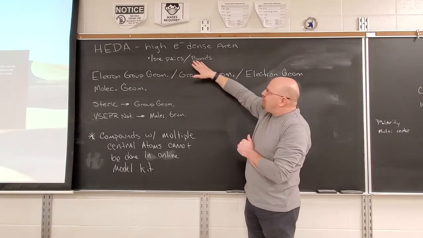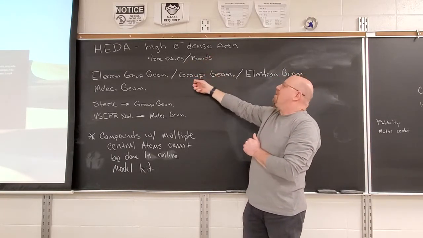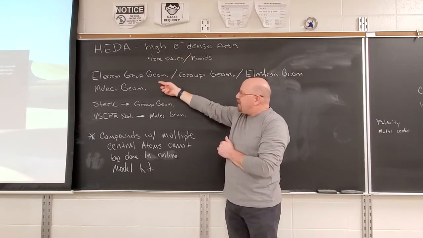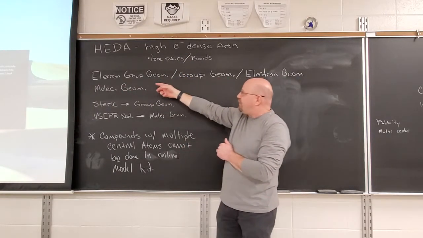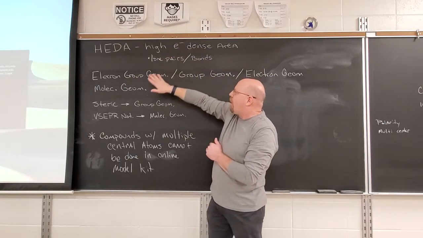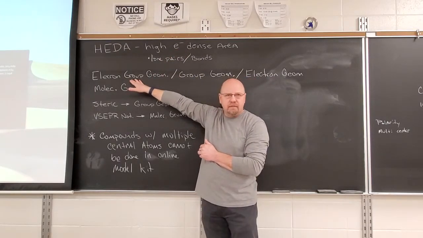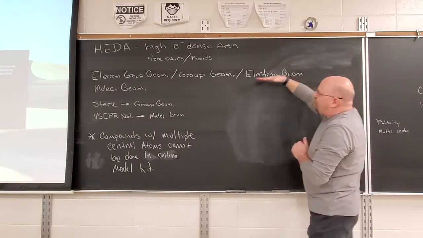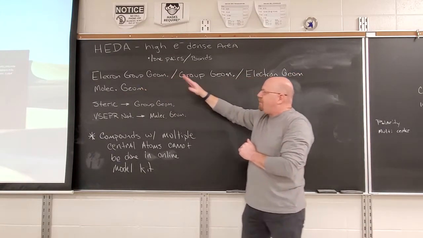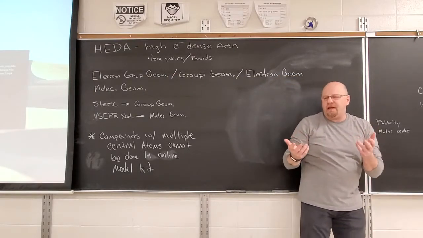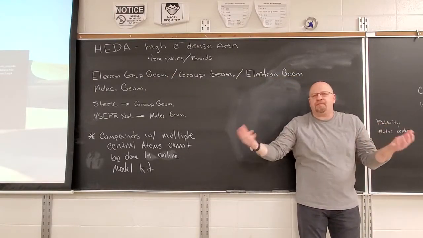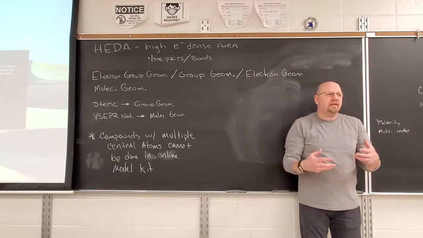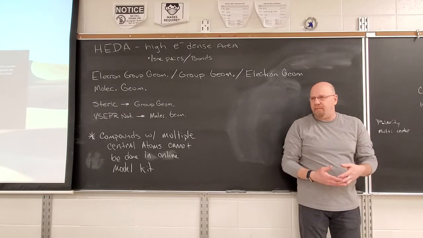these high electron dense areas arrange themselves based on their geometry and their groups of electrons. So our high electron dense areas are going to be groups of electrons. These three terms here are all the same thing. This is one of the things in chemistry where every textbook may be a little bit different. The basic idea is the same, but textbooks call them by different names.